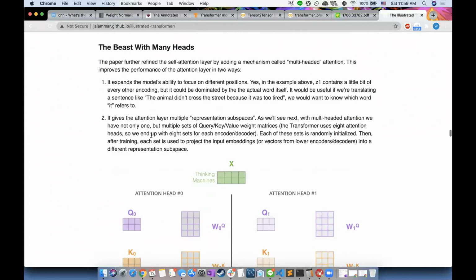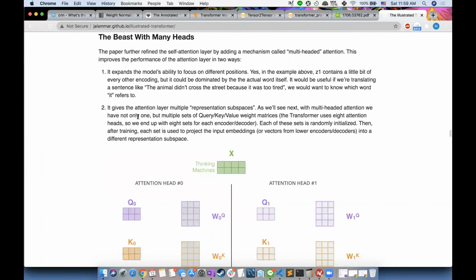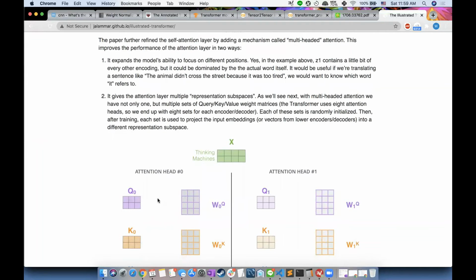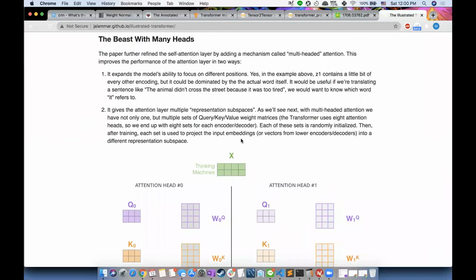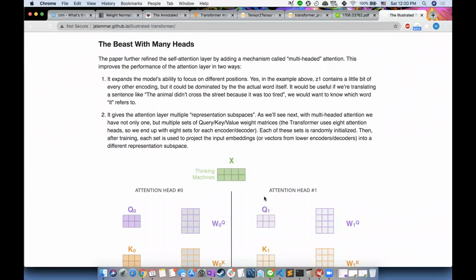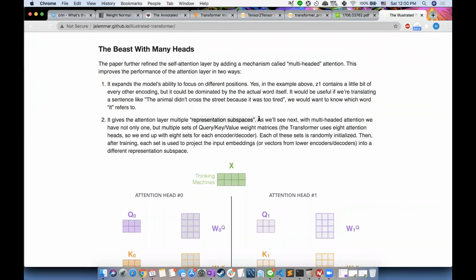The second reason is that it gives the attention layer multiple representation subspaces, right? Because you're splitting this into attention head 0, attention head 1, all the way to attention head 7. That's 8 attention heads, or 8 attention splits. You're splitting your attention with different matrices and hence different representation subspaces.